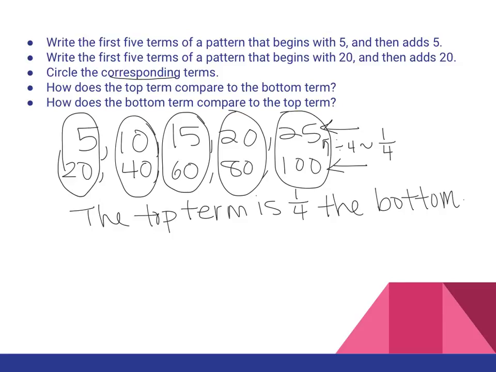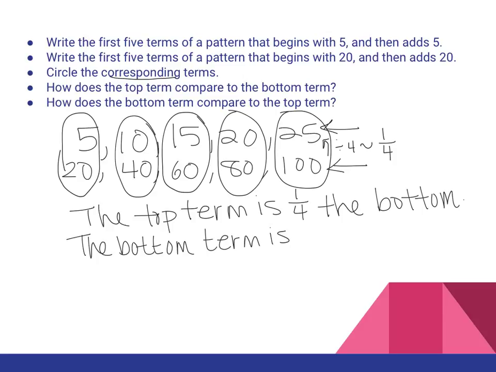The last question says, how does the bottom term compare to the top term? And since you're asked how the bottom compares, we need to start our sentence with the bottom term. And then we say what the bottom term is in relation to the top. We already talked about the relationship.